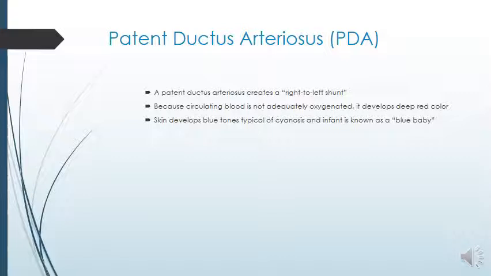The skin develops blue tones, typical of cyanosis, and the infant is known as a blue baby. They will need to go in and cut this connection so that the baby won't have this happening for very long, because this can cause problems in the future for the heart.